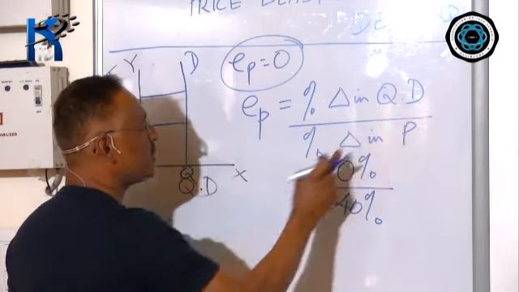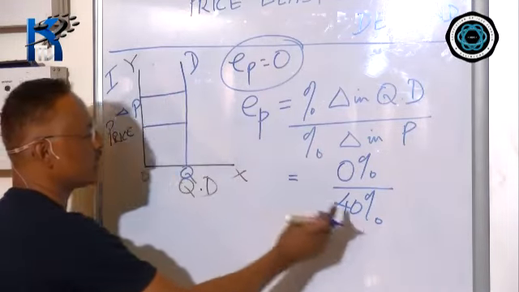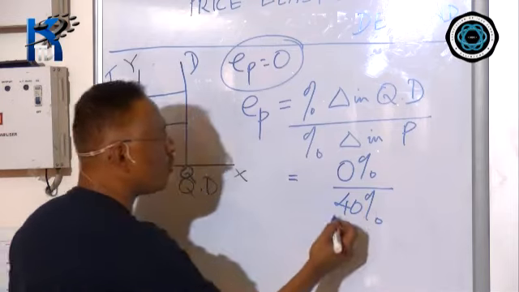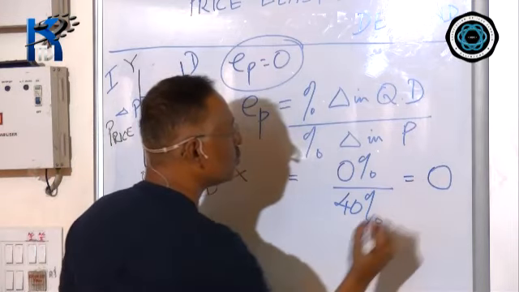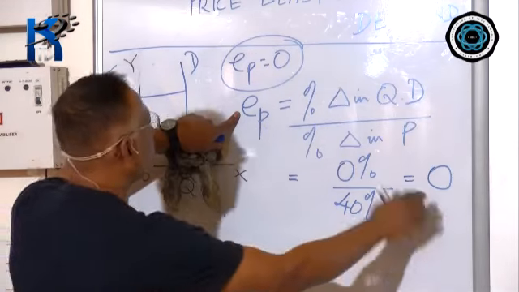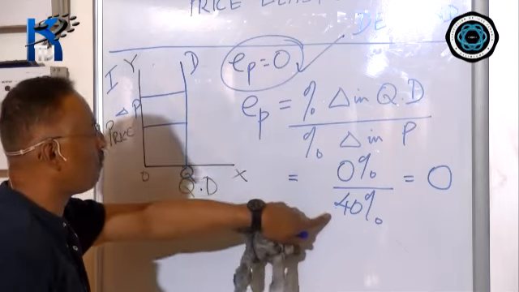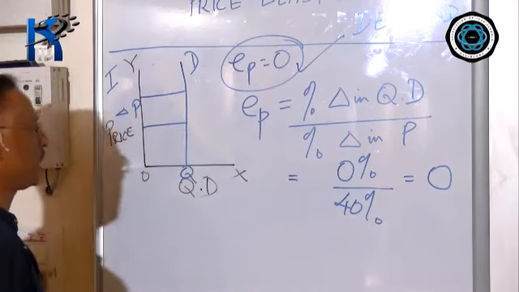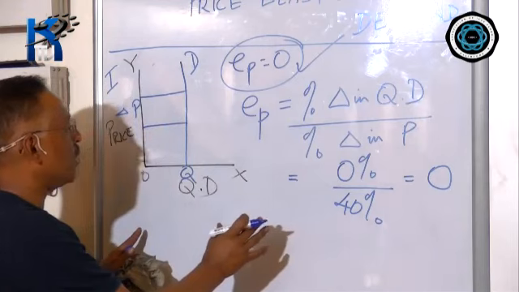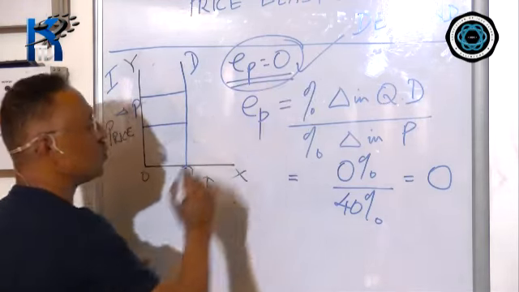Quantity demanded change is 0, no change. 0 upon 40 is 0. So using this formula, we get EP is equal to 0. So this is an example of perfectly inelastic demand curve. EP is equal to 0.